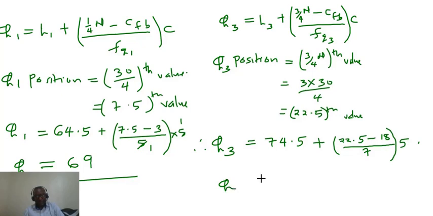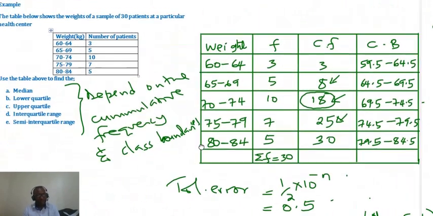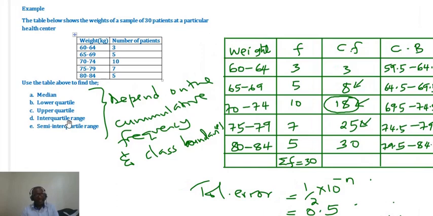So when you compute this very well, we are going to end up with 77.4143, and this is to 4 decimal places. Okay, so we've seen how to get the lower quartile, we've seen how to get the upper quartile. Of course, we started with a review, getting the median. The next thing which the question demands us here to do is finding the interquartile range.